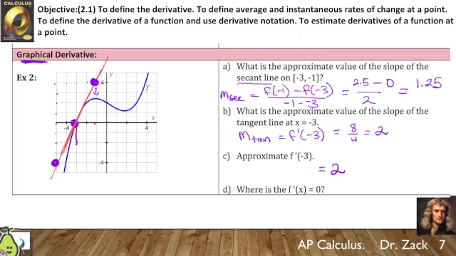So for question D, we're to determine where f prime of x is equal to 0. So f prime of x is equal to 0 means that you have a horizontal tangent line.